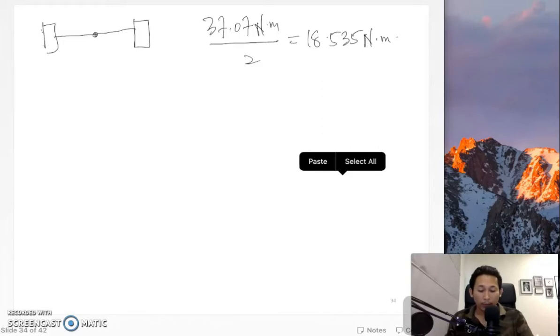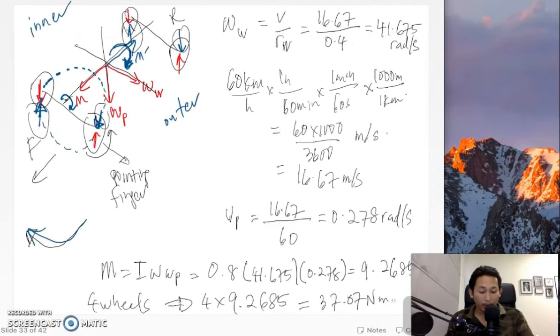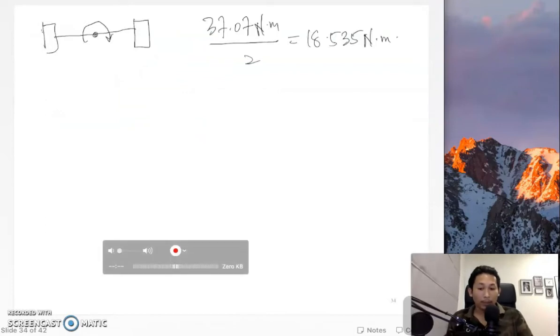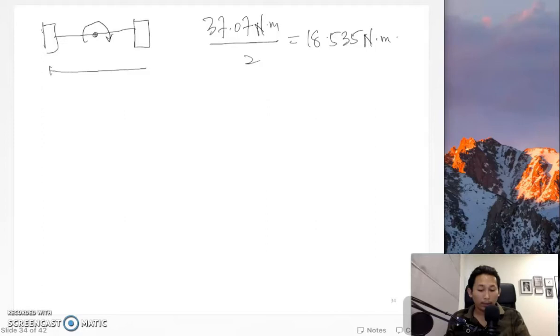So the moment will act that way, and we have our base, which is 1.5 meter.